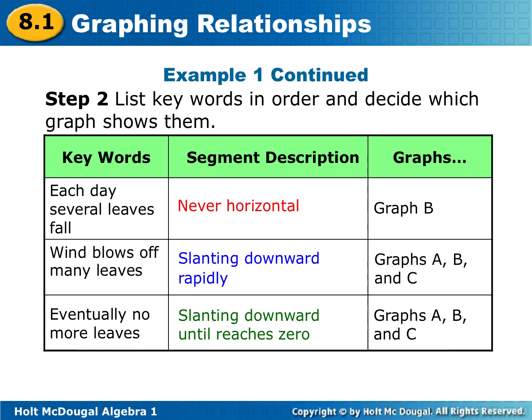Now, some other key things that happen is they say that the wind blows off many leaves. Well, if it blows off many leaves, that means it's going to be a sharp downward because we're losing leaves. Are y'all following what I'm saying here? Okay? So slanting downward rapidly, and then eventually there are no leaves. Well, that means it'll eventually get to the point where on the y-axis, where the leaves are represented, there is nothing there.